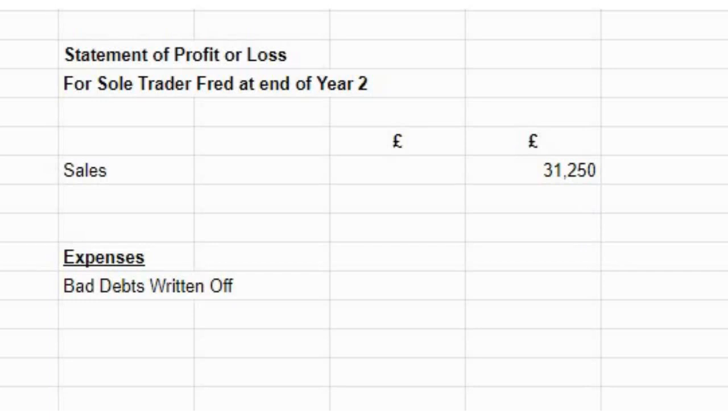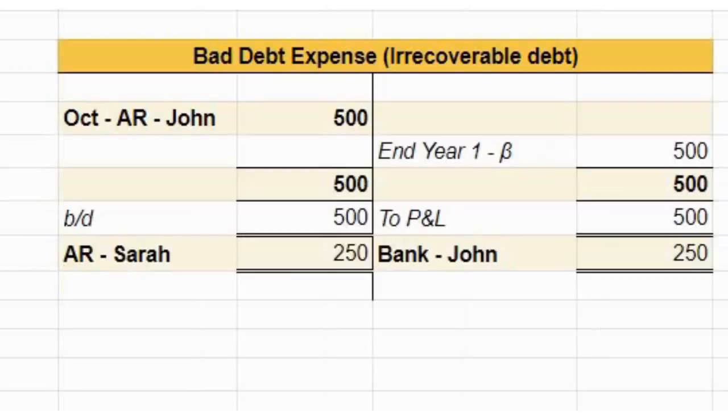And now we need to look at what, if any, balance should be in the bad debt written off expense account. Well, if we take a look at the bad debt expense account, you can see that there's a debit there from Sarah of 250, but there's a credit there from John of 250.